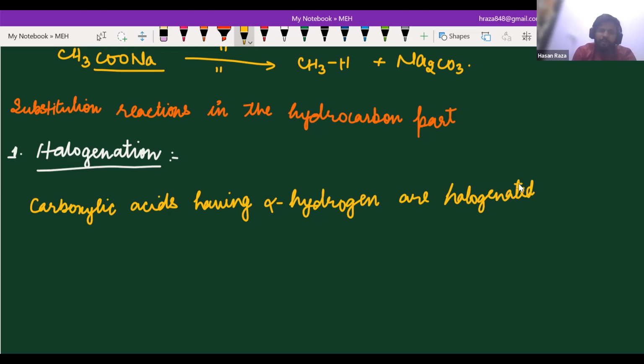That means there will be replacement of hydrogen with chlorine or another halogen X at the alpha position.